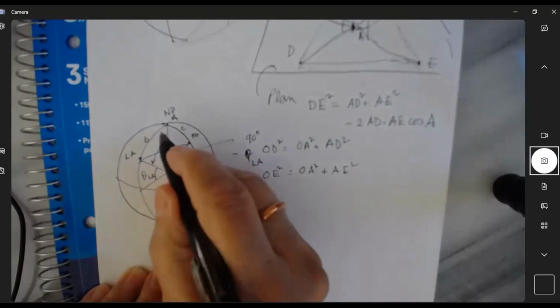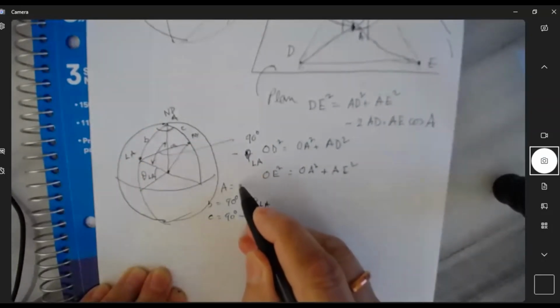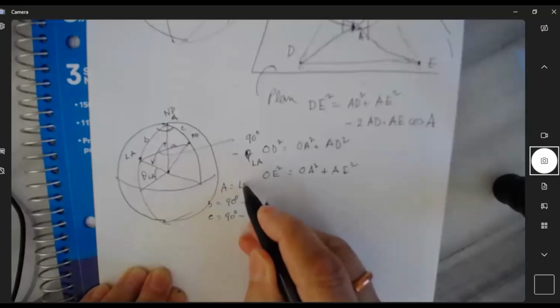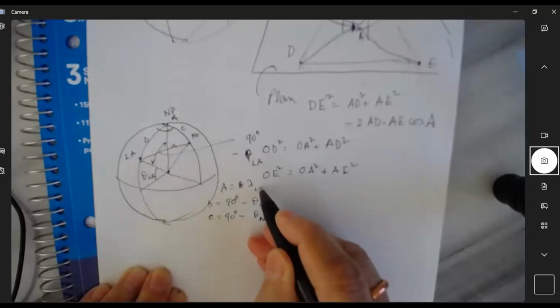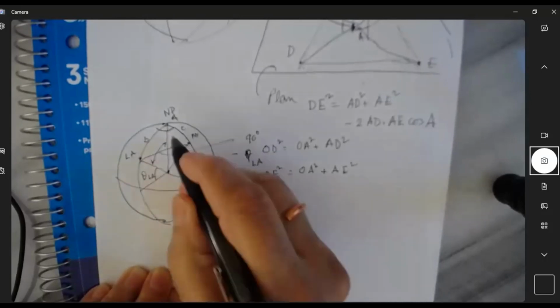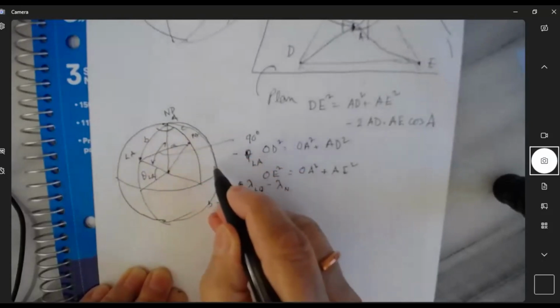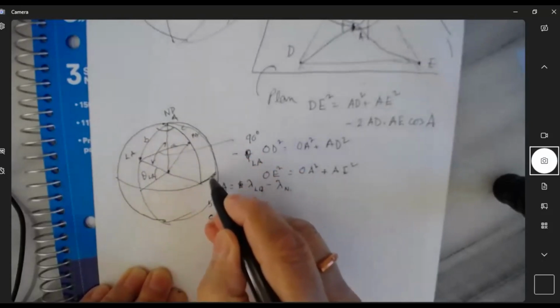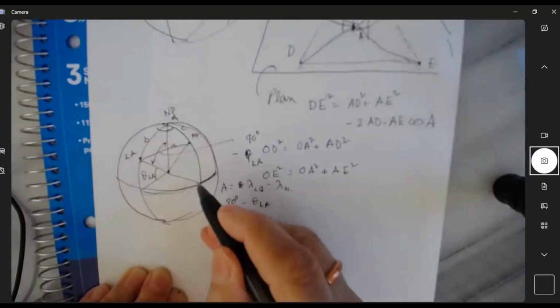And this angle A is the longitude of LA minus the longitude of New York, because 0 degree longitude is somewhere here. So this is the longitude of New York and this is the longitude of LA, and this angle is this minus this.